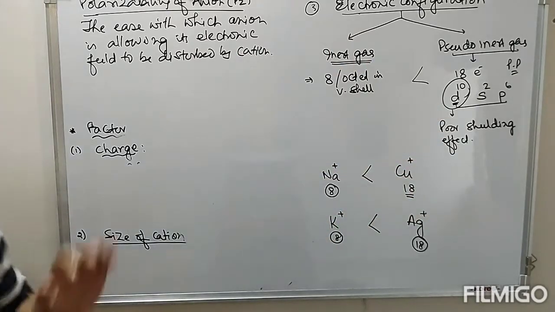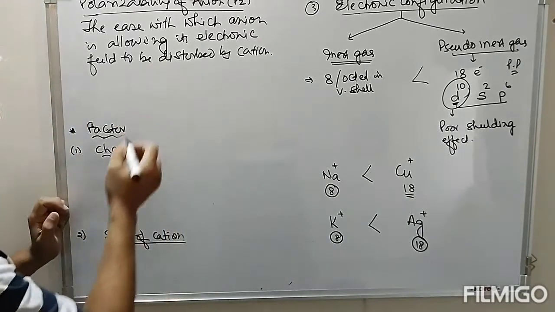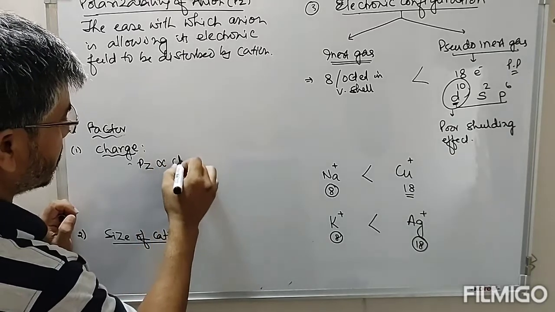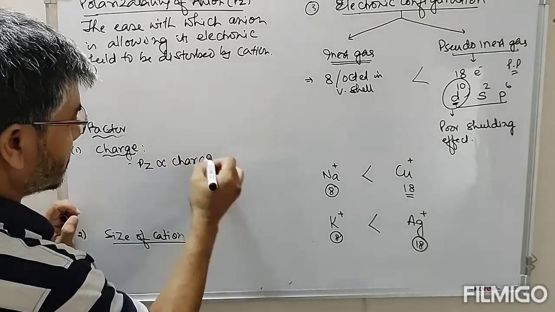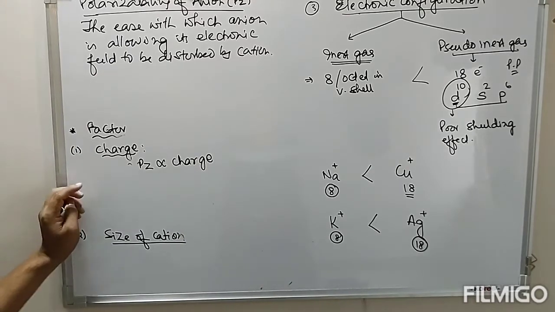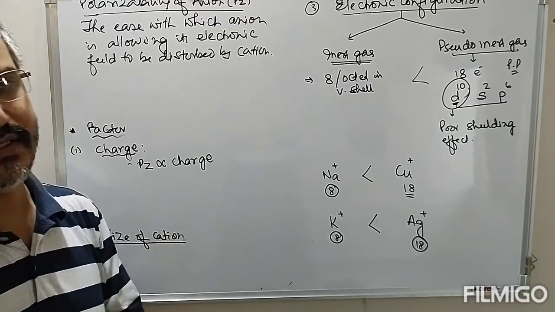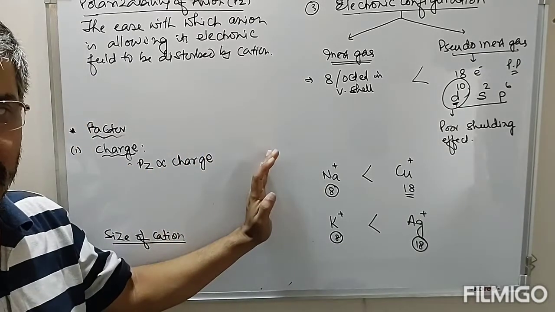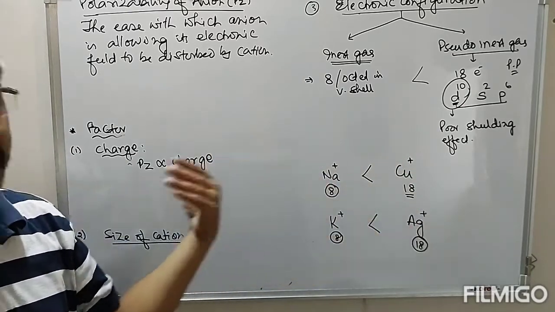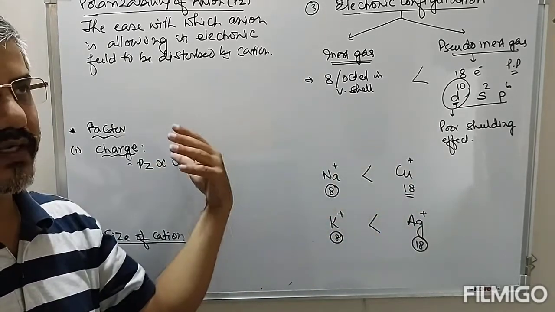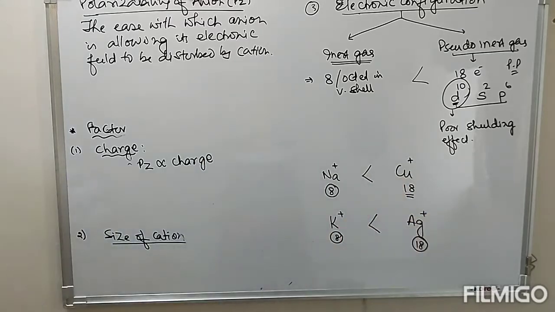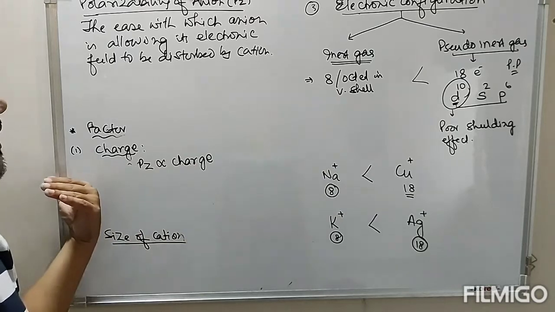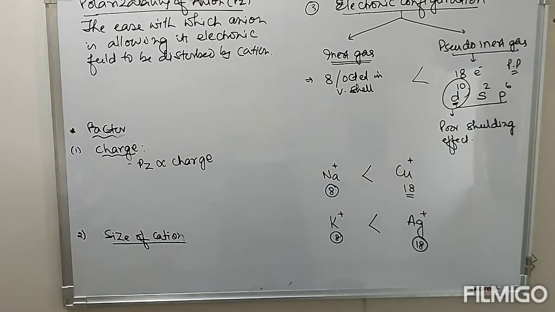So polarizability is directly proportional to the charge. As the negative charge increases, the polarizability also increases. So we have to see the charge on the anion also. As the polarizability increases, the covalent character will also increase.